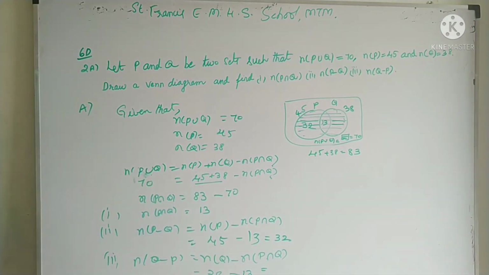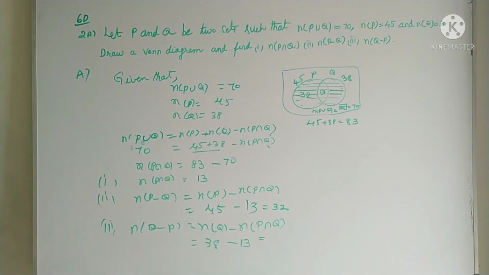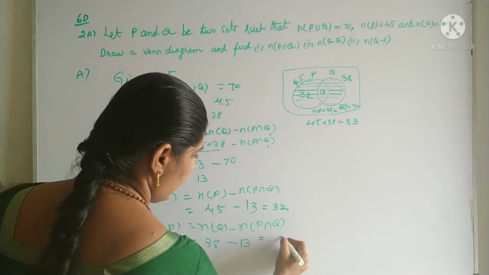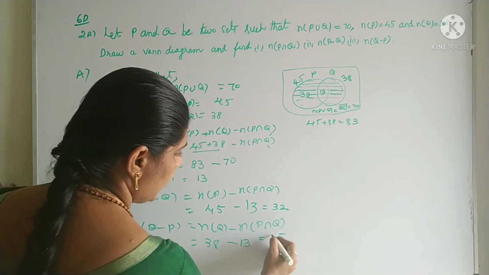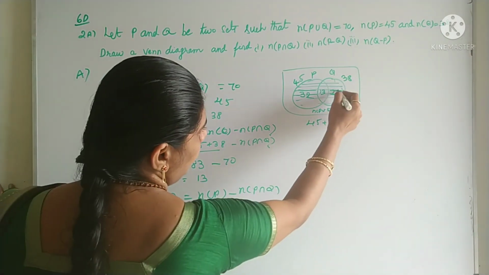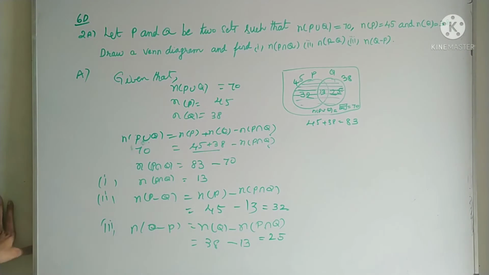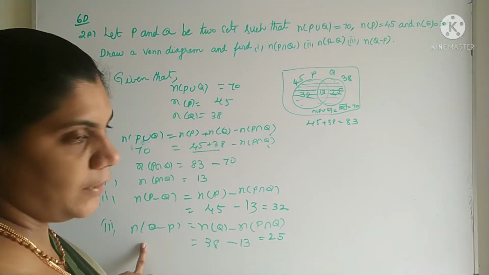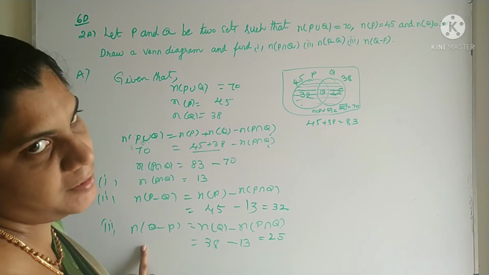How many do you get here? 38 minus 13 will be 25. These are the only elements which are in the Q set, not common to the P set. Understood?